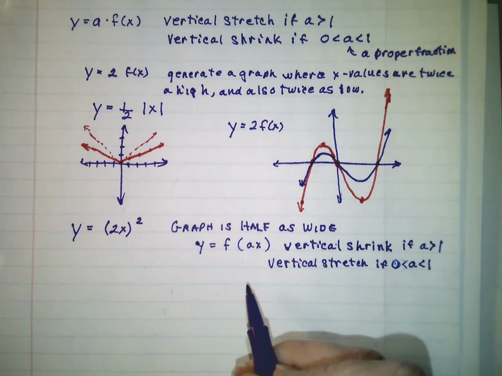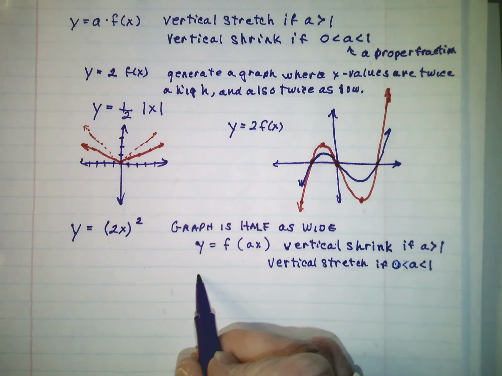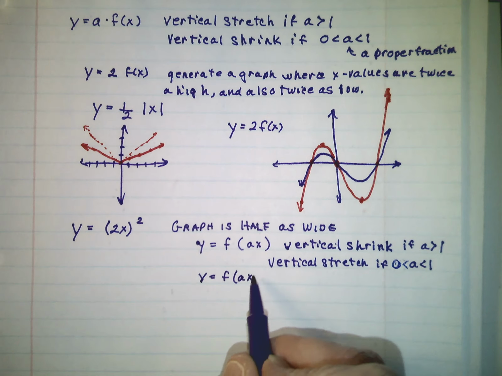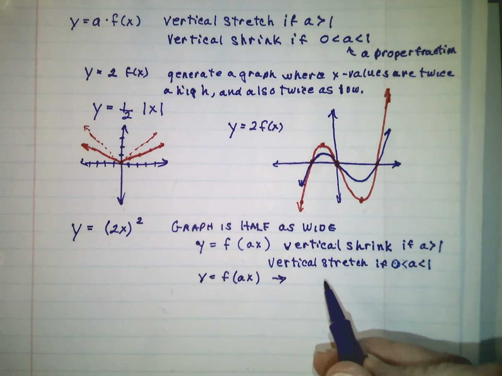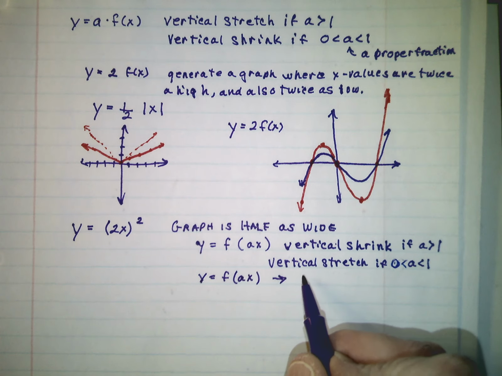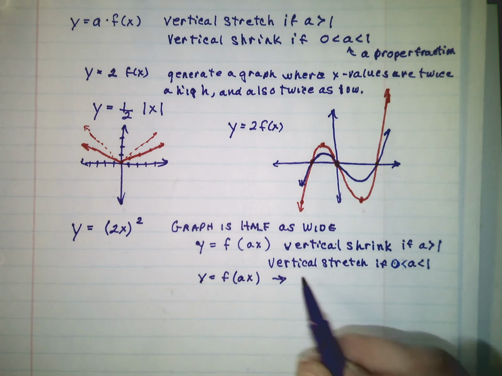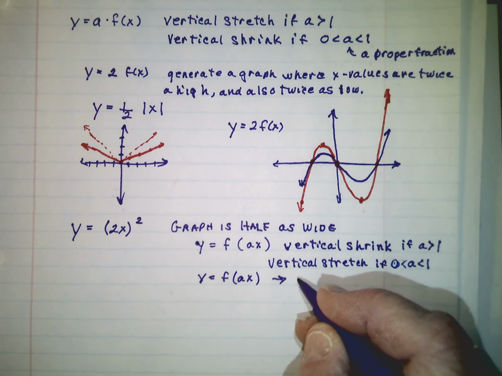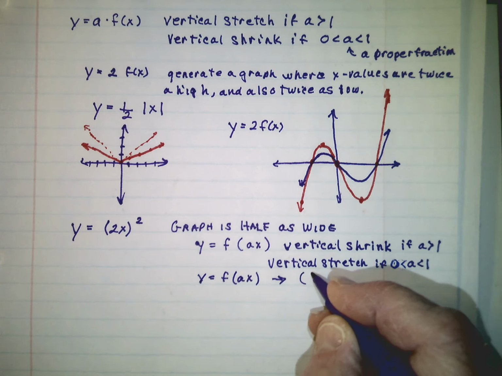Some textbooks say that if we have y equals f of a times x, that means we actually divide. The y values, I'm sorry, it's not the y values, the x values are going to get divided.